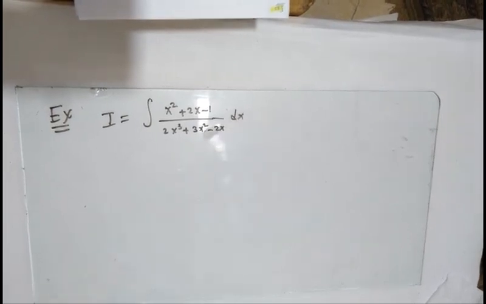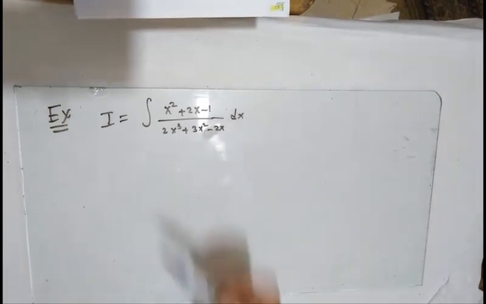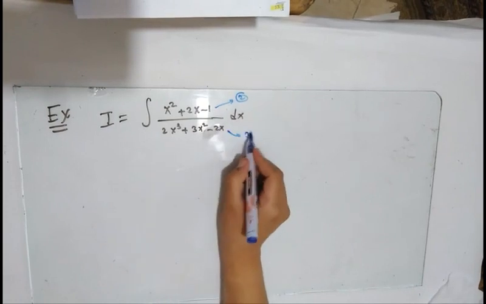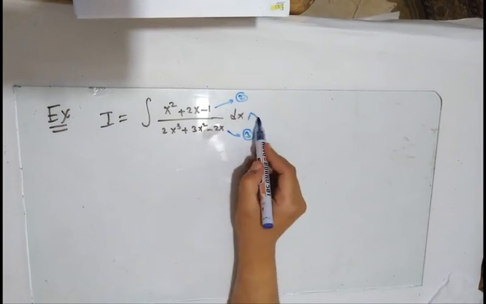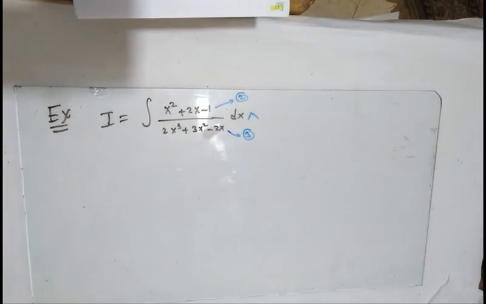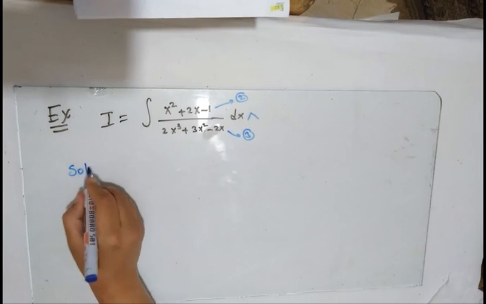The first thing is to check our condition. The degree of the numerator is 2 and the degree of the denominator is 3. So 2 is less than 3, and we can apply the partial fraction method. There is no need for the long division here. Okay, so the solution.